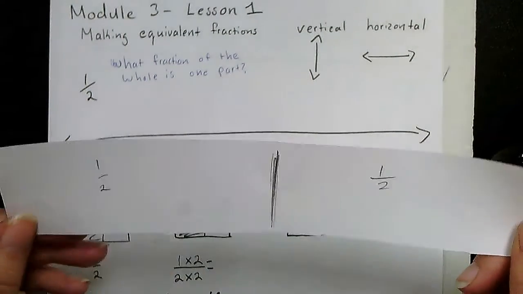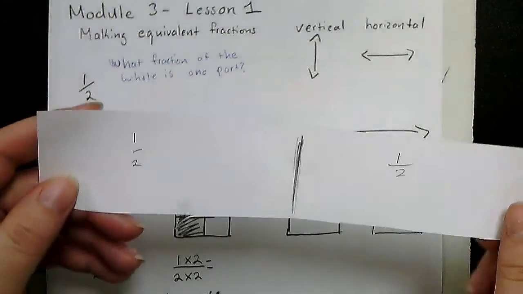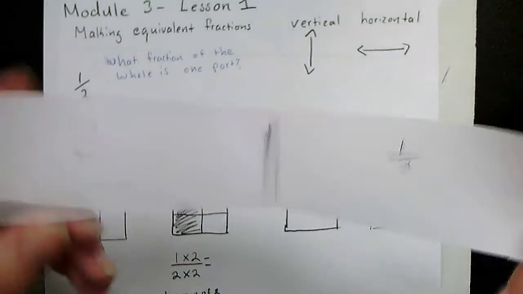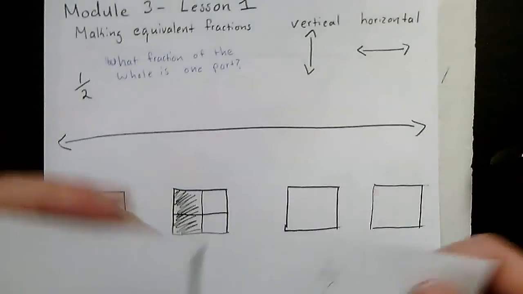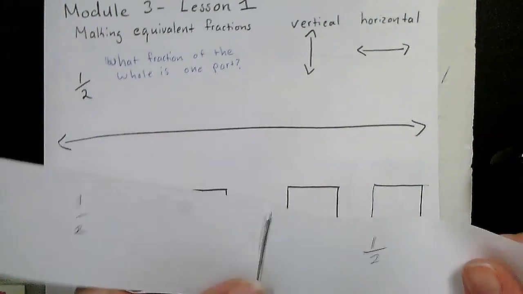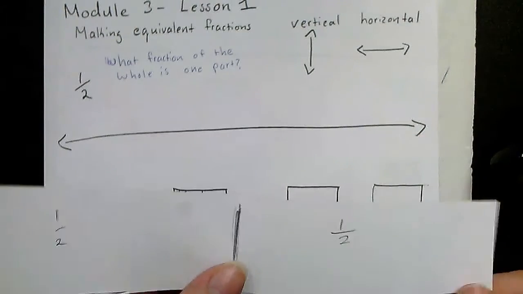And we're going to be talking about making equivalent fractions, and we're also going to be talking about making number lines today. What we're going to be starting off with is taking a look at our half fraction strip. So I know that all together, this is a whole strip of paper. But I split my paper in half, and I now have two different halves that make up my whole.